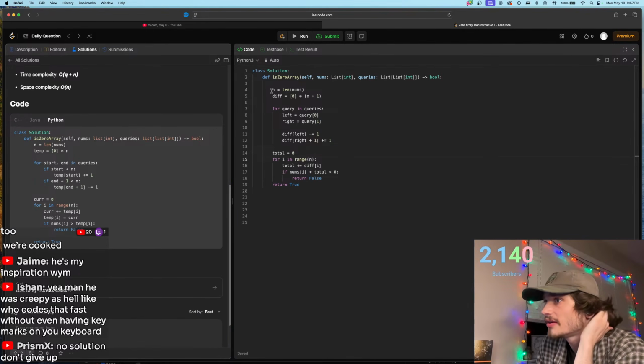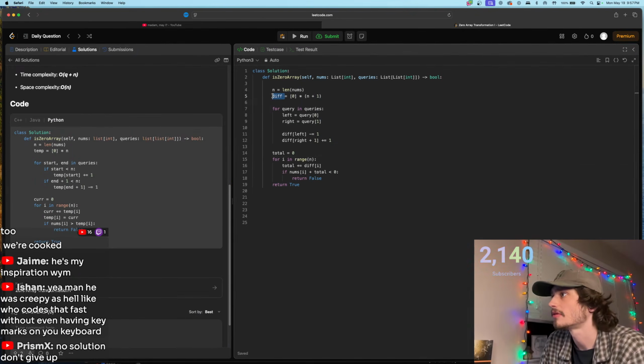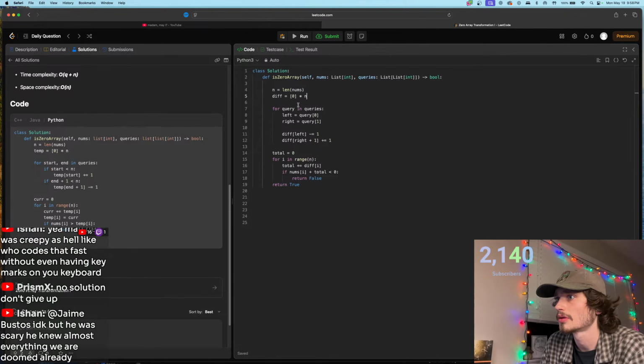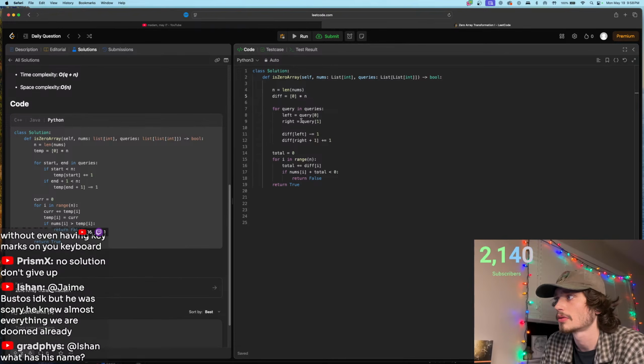So length of n, so if we say this is times n, plus equals, this is minus equals.